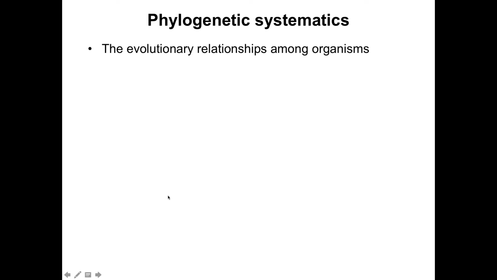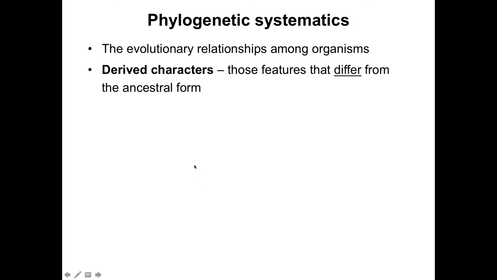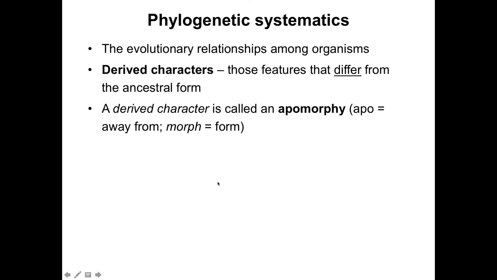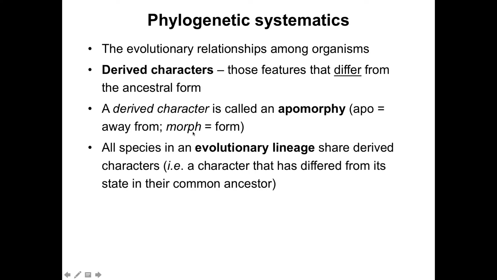So phylogenetic systematics describes the evolutionary relationships among organisms. Central to phylogenetic systematics are what are called derived characters. These are features that are different from the ancestral form. A derived character is called an apomorphy. So apo means away from, and morph is form.